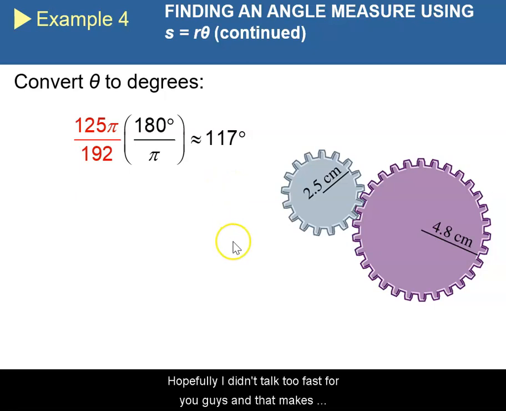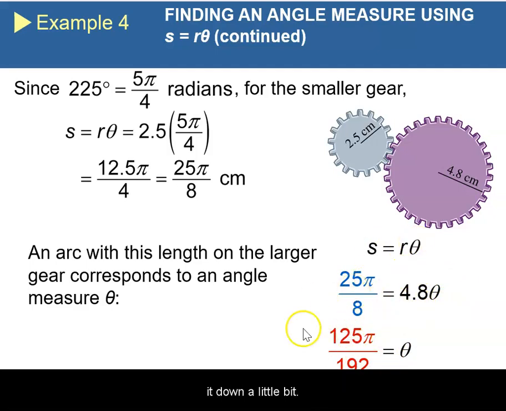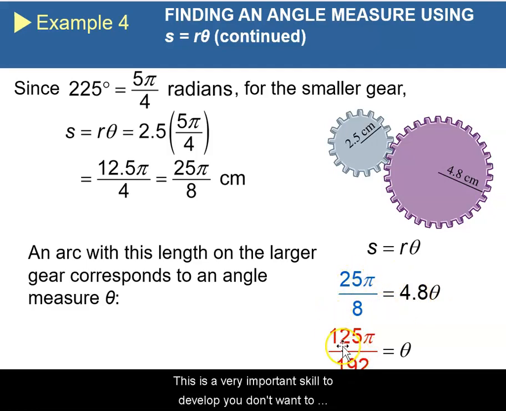Hopefully I didn't talk too fast for you guys and that makes sense to you, mostly about this fractional stuff, right? So maybe go ahead and rewind that video and slow it down a little bit and work through this yourself. Try to go from 12.5 over 4 to the 25 over 8. And then from there, when you set this up, see how you get it to go into 125 over 192. This is a very important skill to develop.